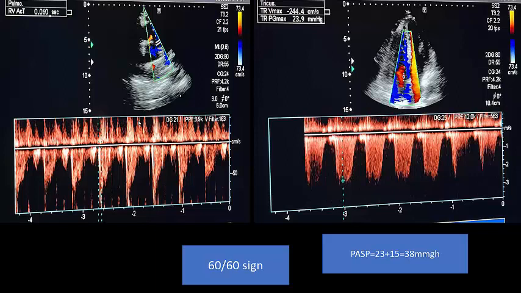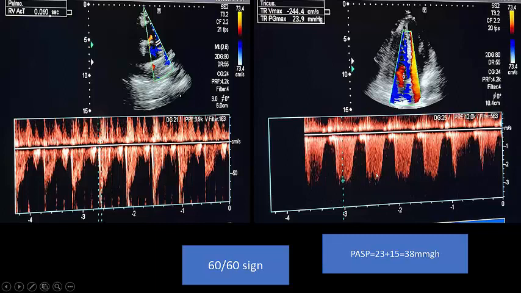To confirm at the bedside, because this patient may not go to the CT at this acute event, you need to look for what's called the 60-60 sign, which is specific for acute pulmonary embolism.